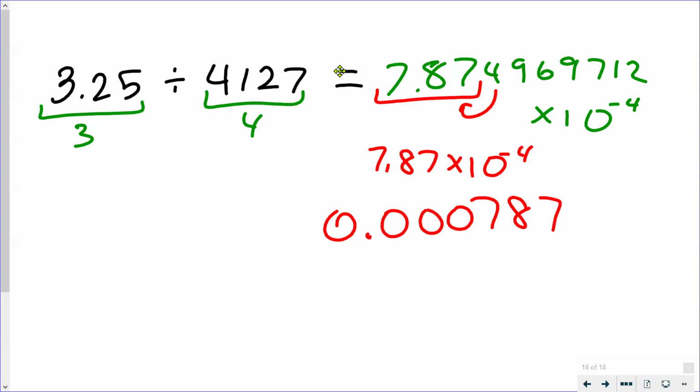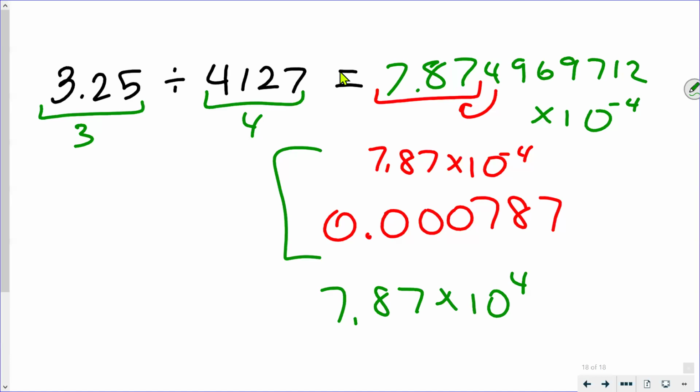If I gave you this number and said convert it to scientific notation, I might give you this one and this one as choices. But if you have to just write the correct scientific notation in a calculation, often we don't give it that close together.